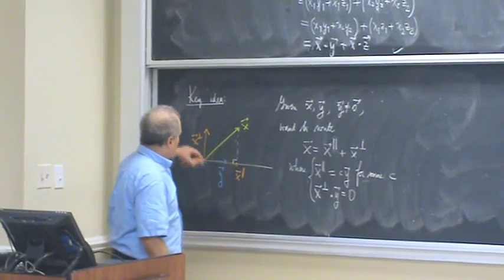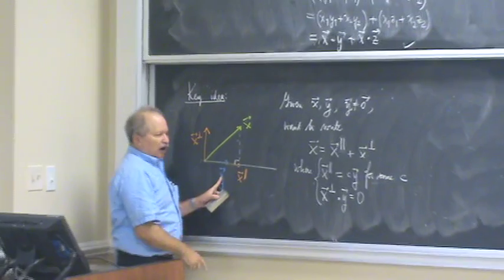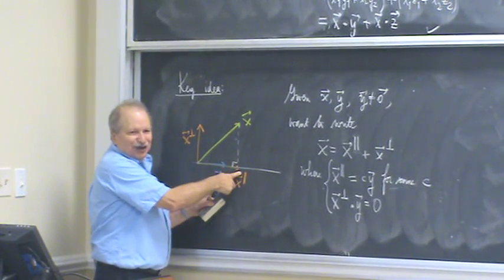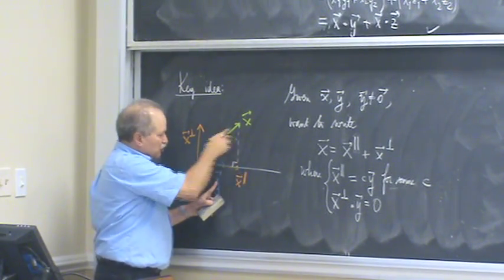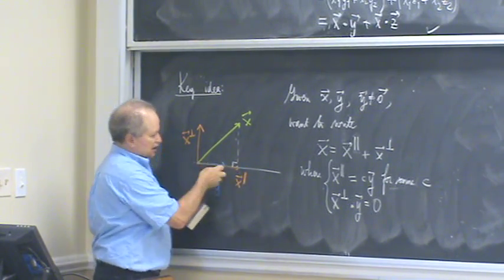Okay, this is my strategy. Given two vectors, y not 0, think about drawing a line through y, drop a perpendicular, make a right triangle, and I want to now show you algebraically that I can do this and get this picture.